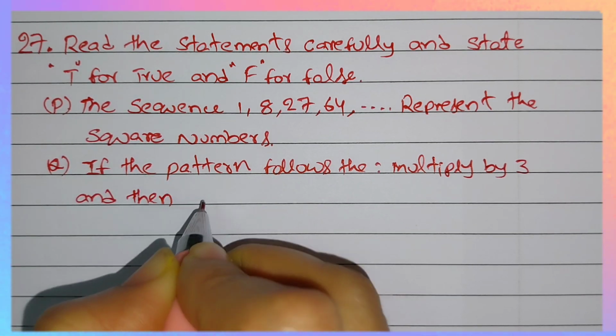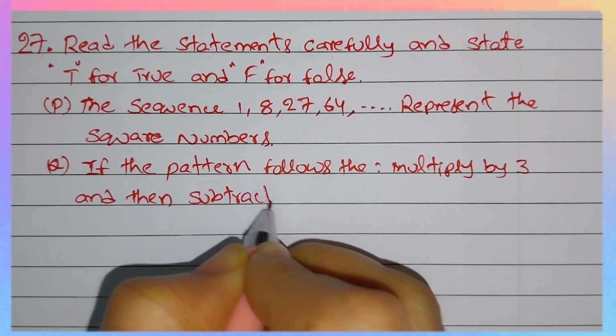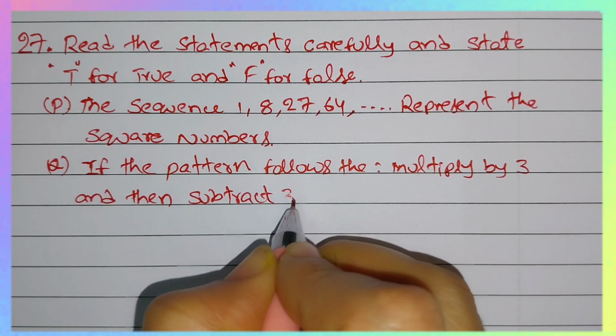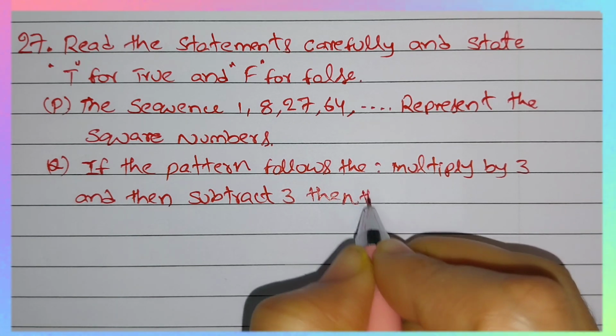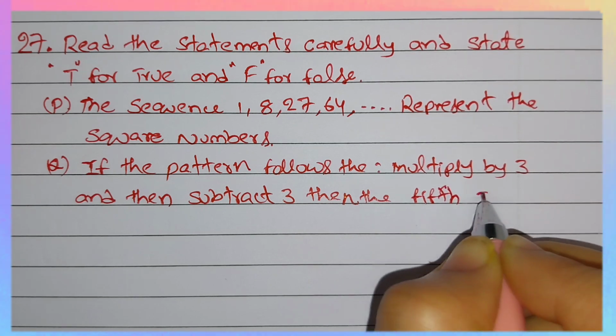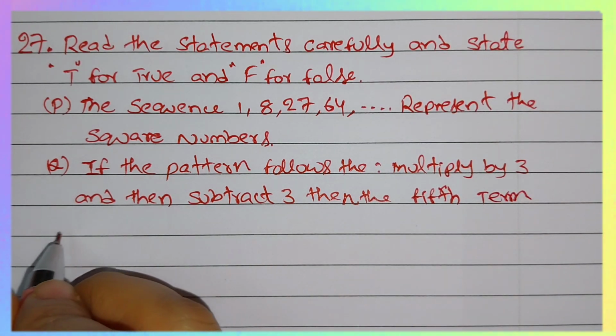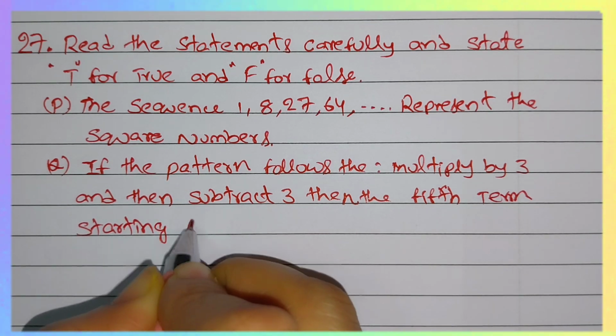So P is the given sequence 1, 8, 27, 64 and so on represents the square numbers, and in Q they gave, if the pattern starts with the number 2 and we multiply it by 3, then subtract 3, the fifth term is 42.